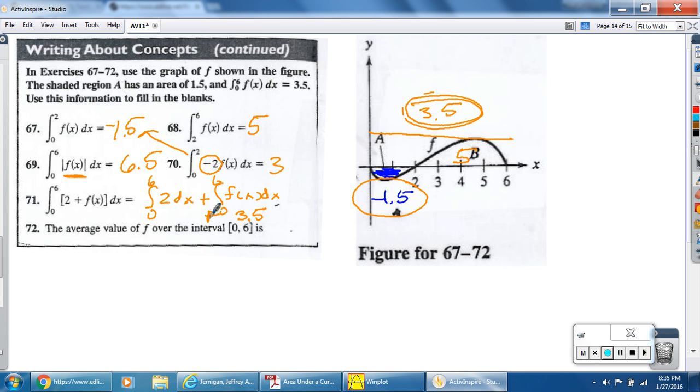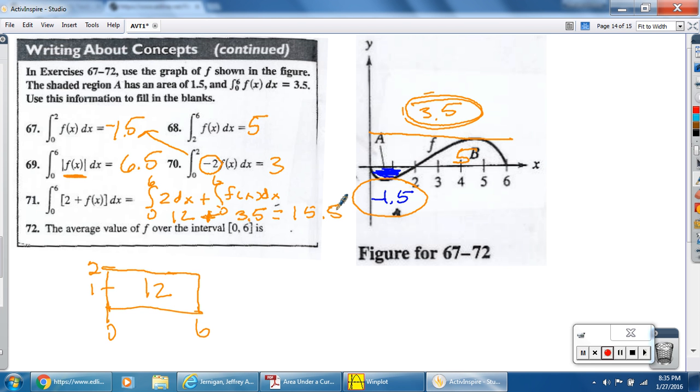And then the area from 0 to 6 of 2 is 12, because remember that's a rectangle. It's going to be 6 units long from 0 to 6, and 2 units high. So all we're really talking about is a rectangle that's 6 by 2 for an area of 12, and 12 plus 3.5 gives me 15.5 for a total area there.